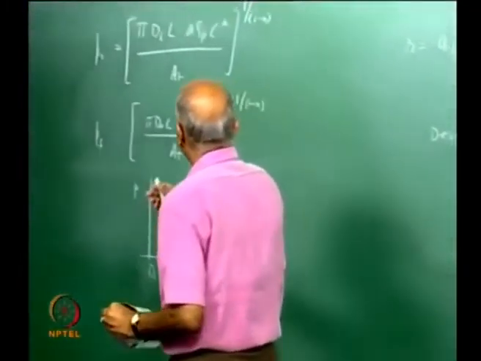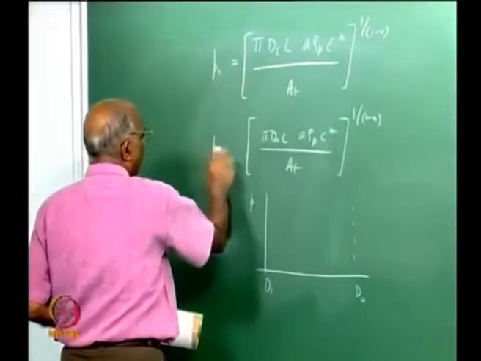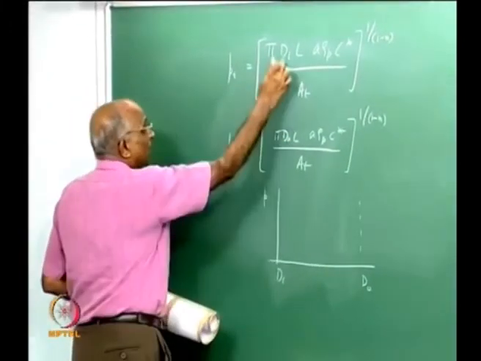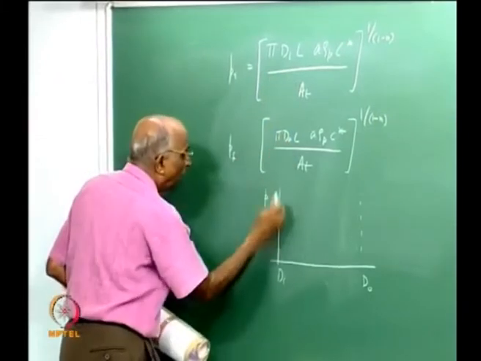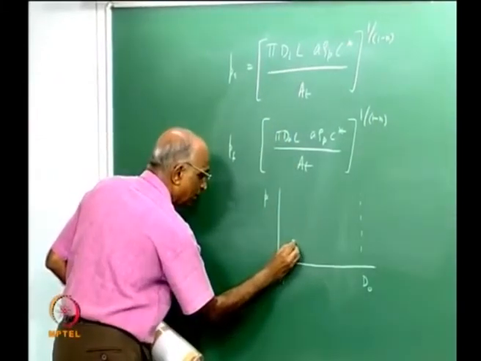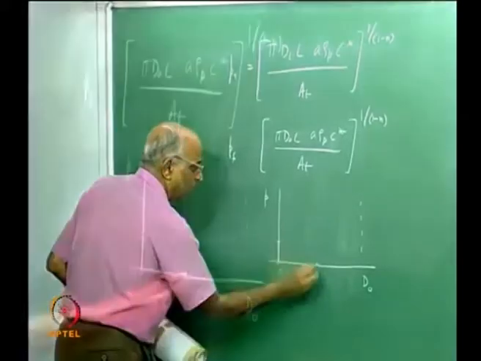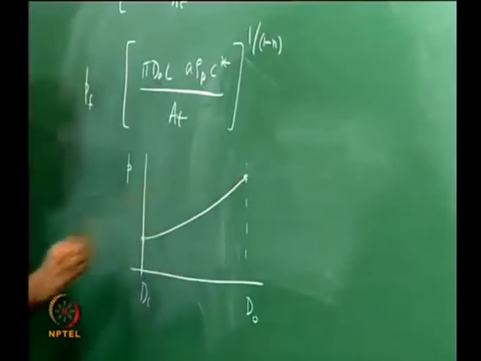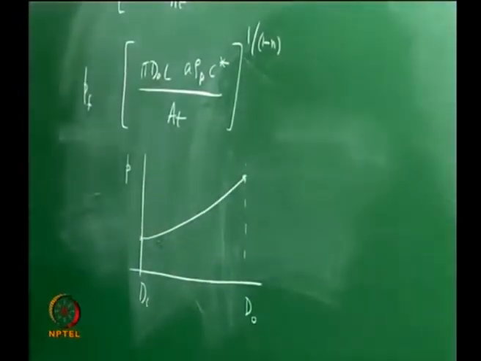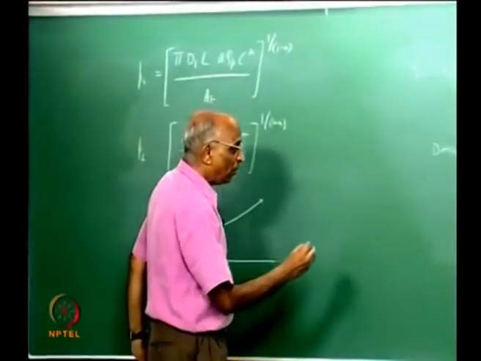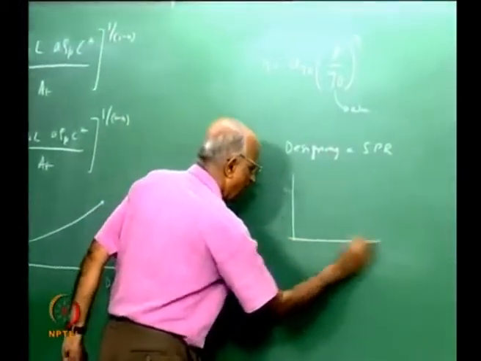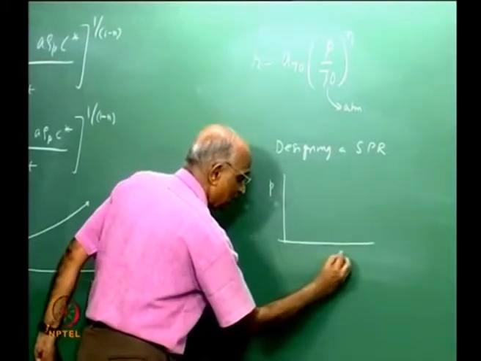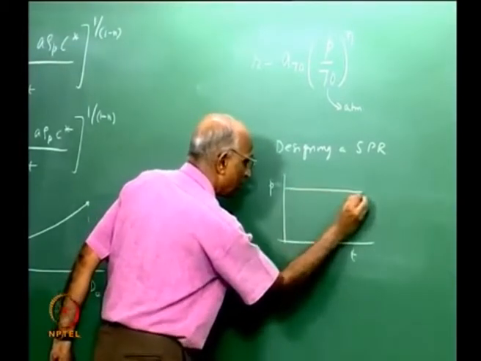When the diameter is d_i, the pressure is P_i, when the diameter is d_o, the final pressure is P_o, and therefore I know that d_i is very much less than d_o. Therefore, initially the pressure is this, when it reaches the final value the pressure could be higher, therefore the pressure increases. Whereas in the end burning grain, what did we have? We found at all values we had the same pressure, versus, let us say, time, I had a constant pressure.